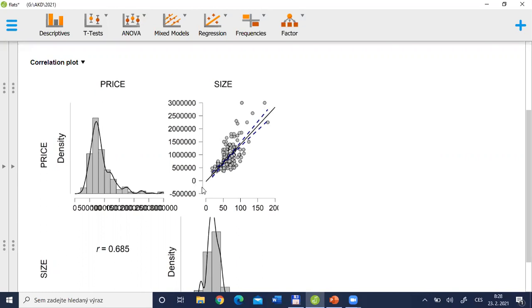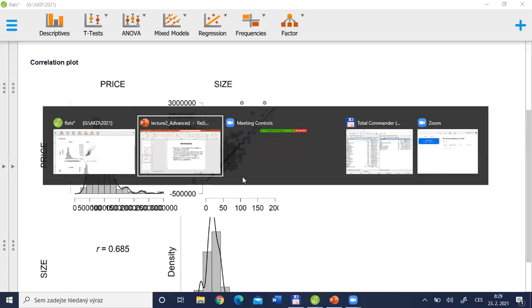For example, this is quite steep. I can make the line like this one with more slope, or with no slope at all, with negative slope. So this is the second property of the line, its slope, whether it is strictly increasing, decreasing, or whether the slope is only a small one.